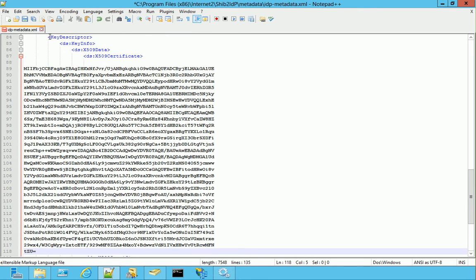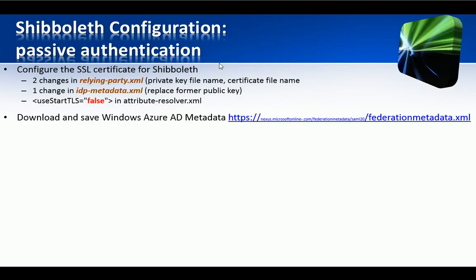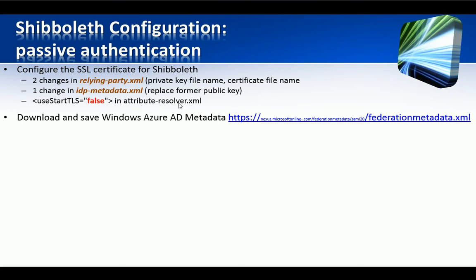And now we just save the file. Let me just recall that we already set useStartTLS to false in attribute resolver.